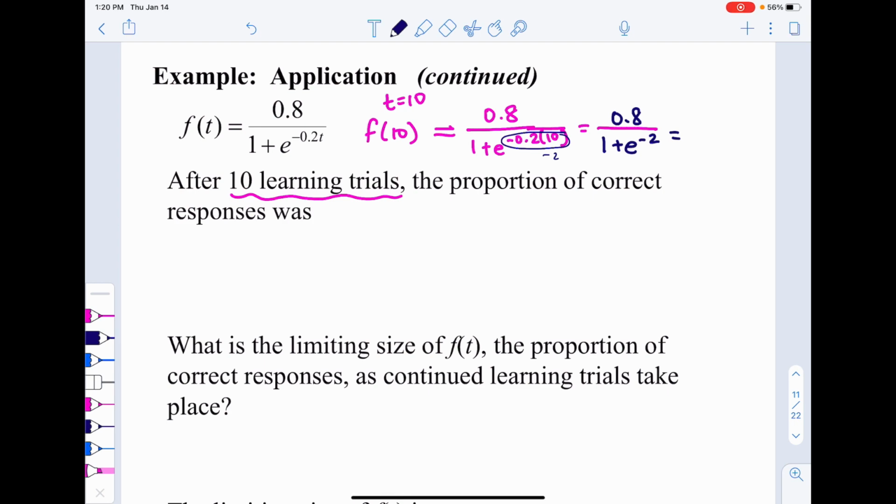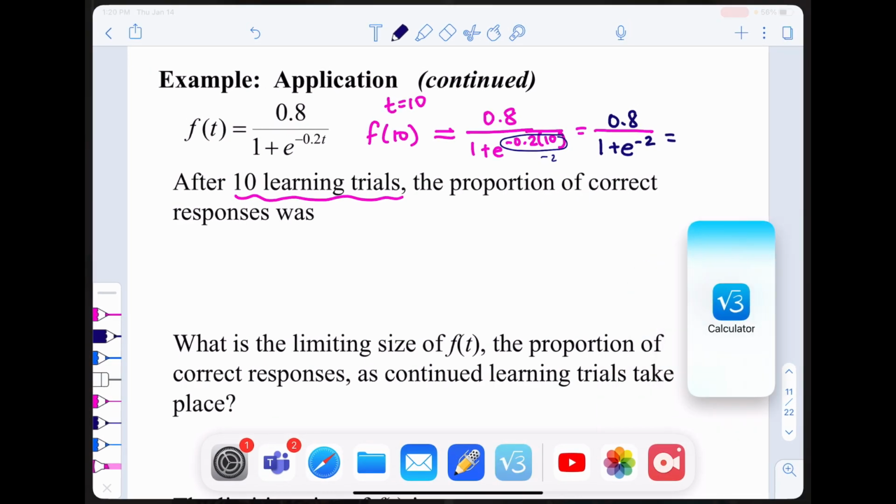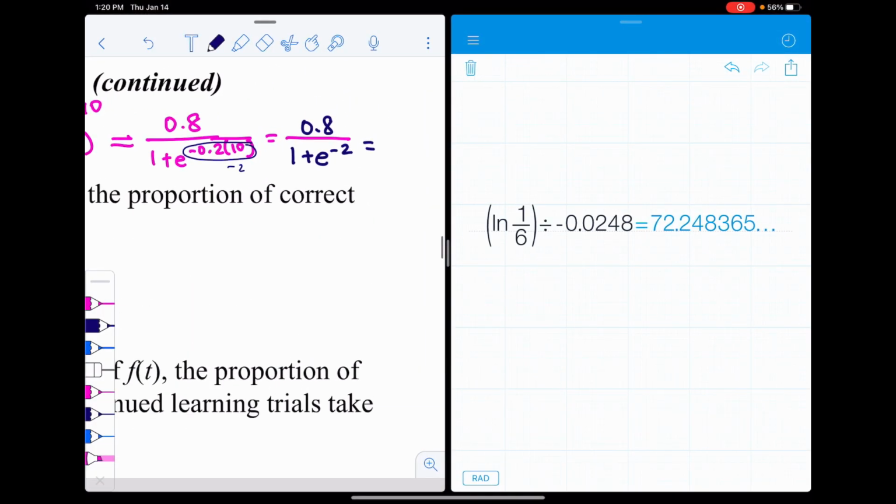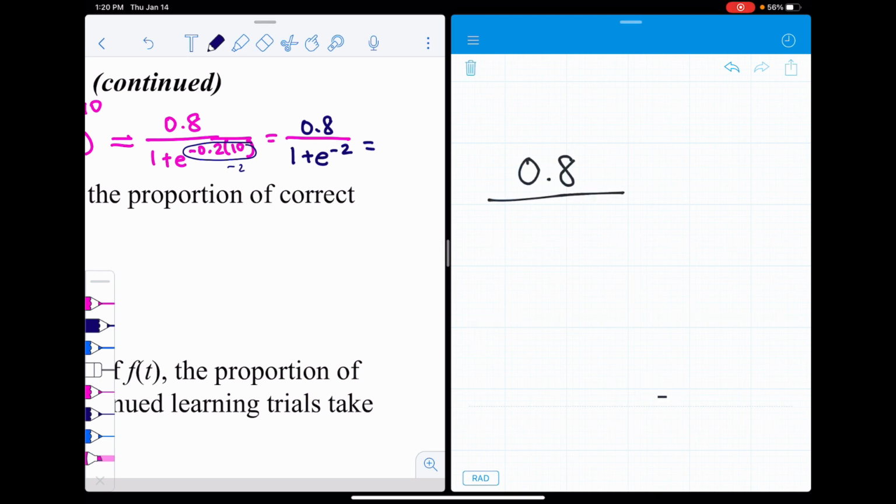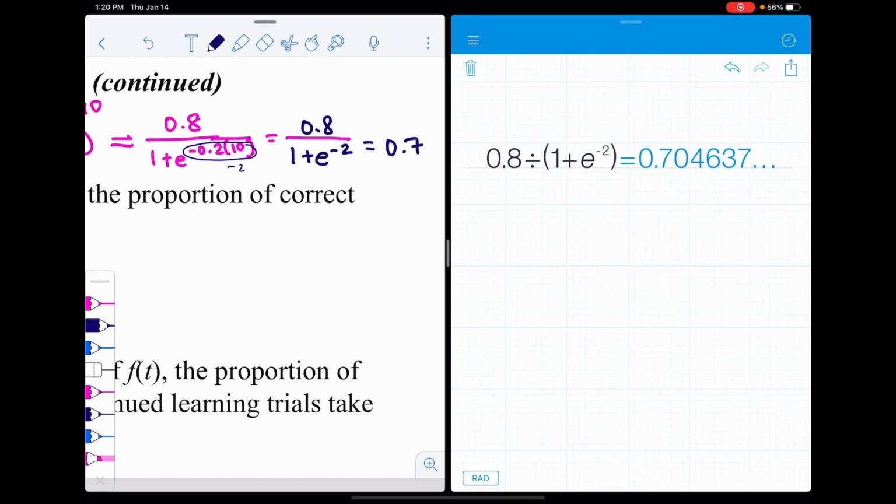And we can figure that out with my handy dandy calculator. If I take 0.8 and divide it by 1 plus e to the negative 2, we end up with 0.70, so approximately 0.7.